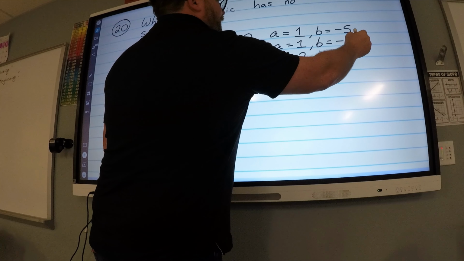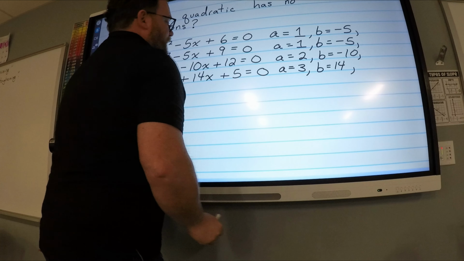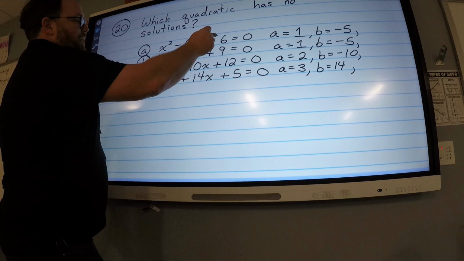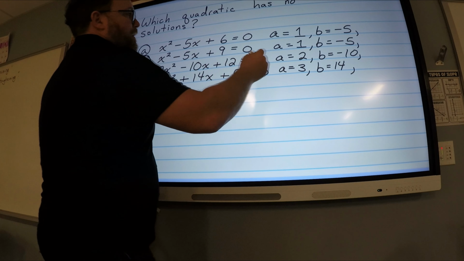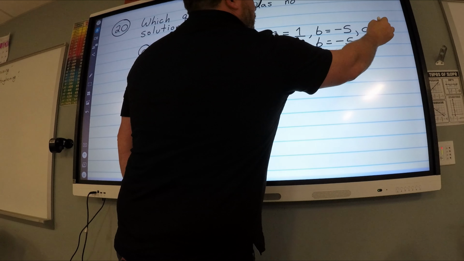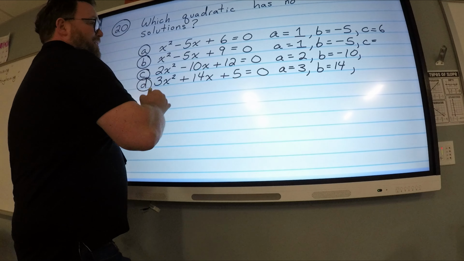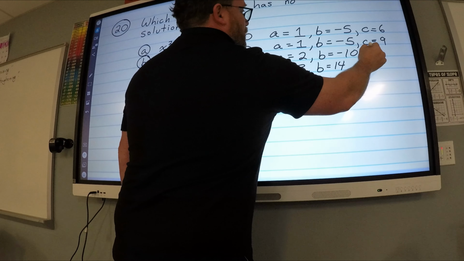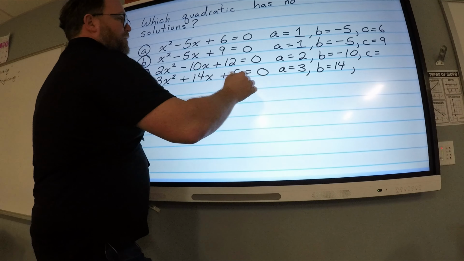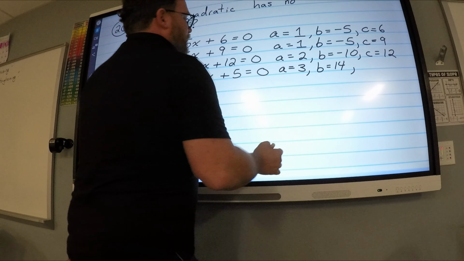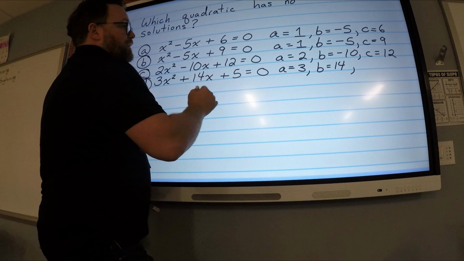Now C is the constant, the number by itself. So the first one, C is 6. Second one, C is 9. Third one, C is 12. And the fourth one here, C is 5.